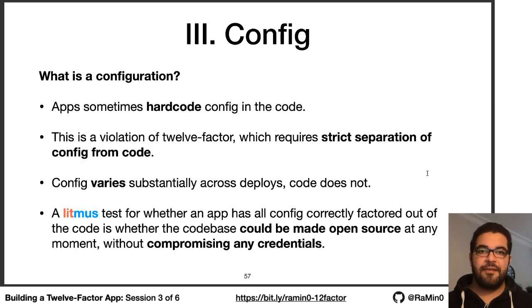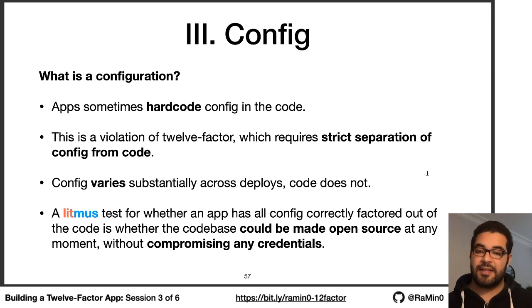Basically, for you to be definite about whether a certain value is a configuration or not, there's something similar to the litmus test that we used to have back in the days when we were learning about chemistry, that differentiates between acidic and alkaline solutions, which is the following question. You should ask yourself, can I make my app, my code base, open source right away or not?